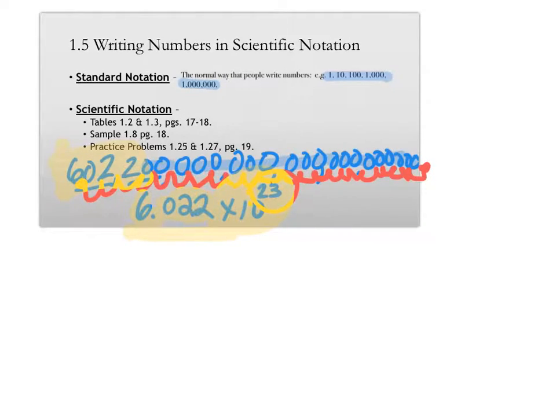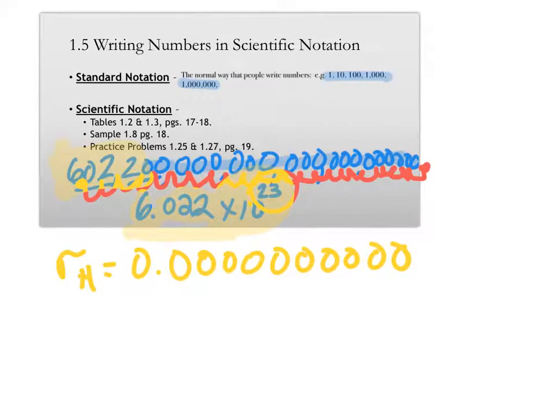Another example of a number that would really need to be in scientific notation could be the size of a hydrogen atom, which is listed as a radius of hydrogen equaling 0.00000000053 meters.